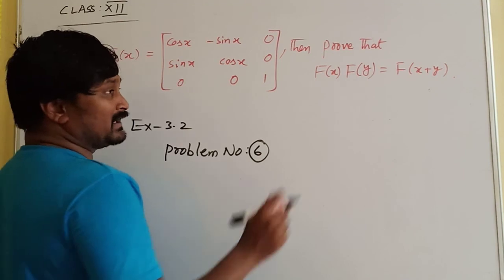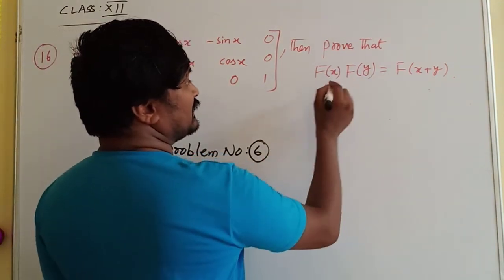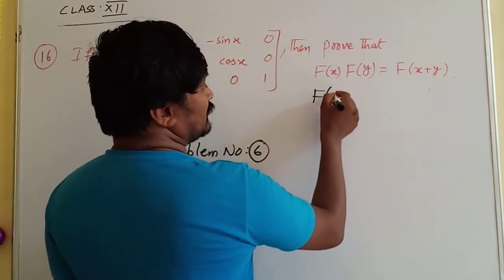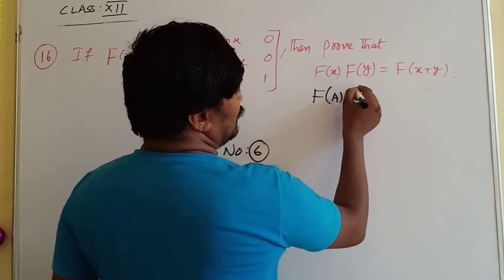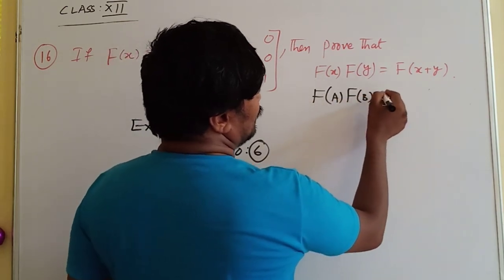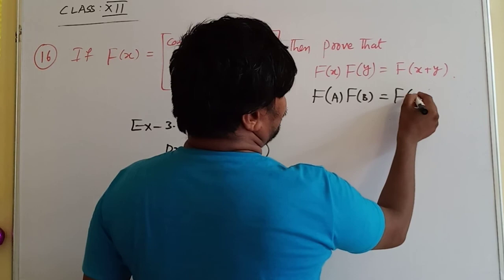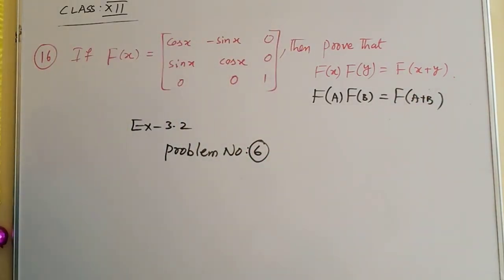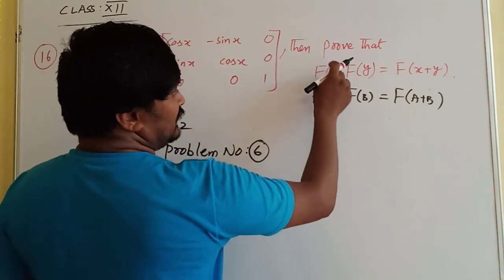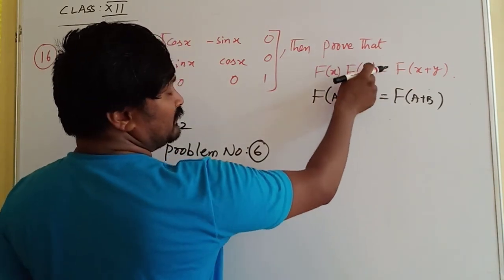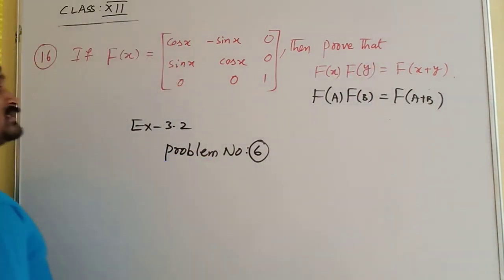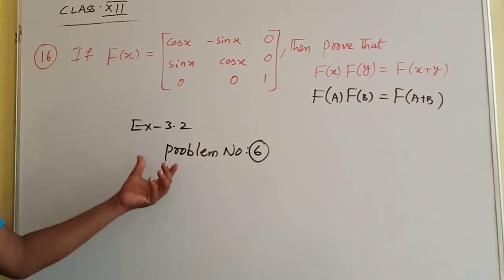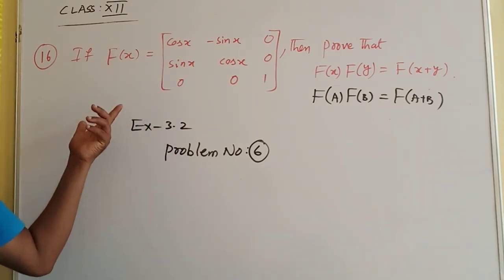What is the difference between this and that? There they gave F of a F of b is equal to F of a plus b. Instead of a we need to write x, instead of b we need to write y. If you are able to make that simple change, you can solve your problem number 16.